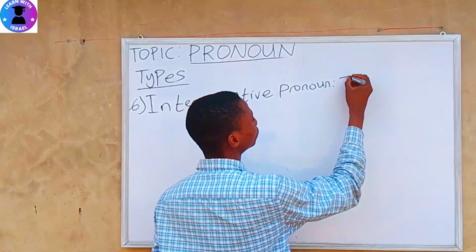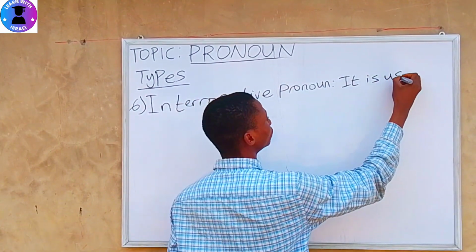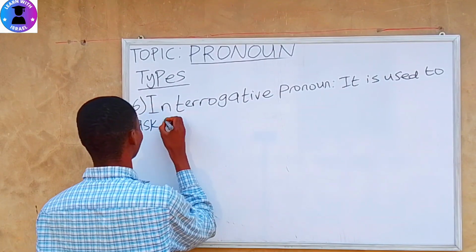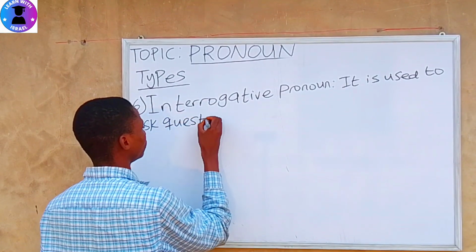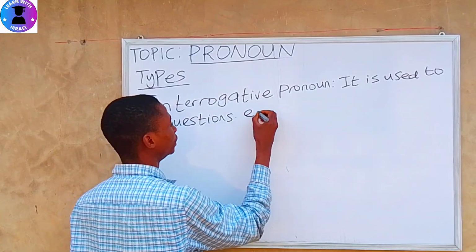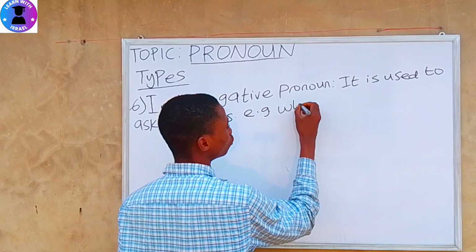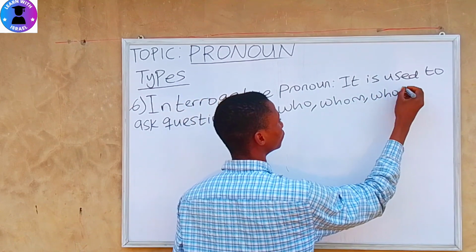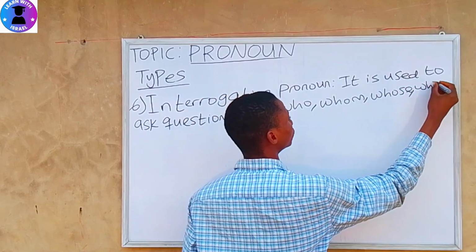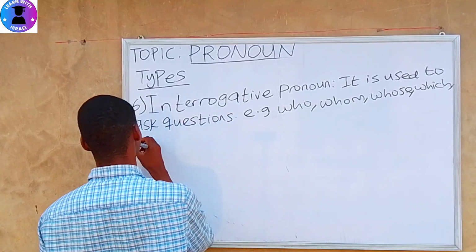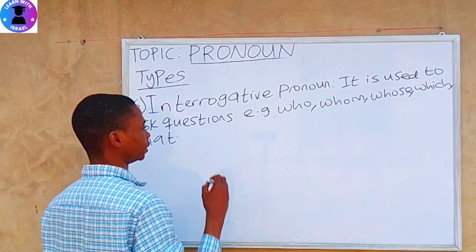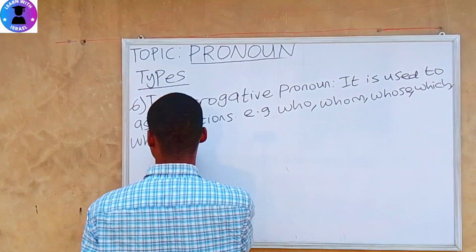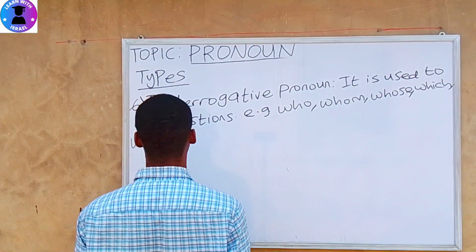It is used to ask questions, e.g., who, whose, which, what. You can say, what is your name? What is your name is a question. So let me give examples under interrogative pronoun.